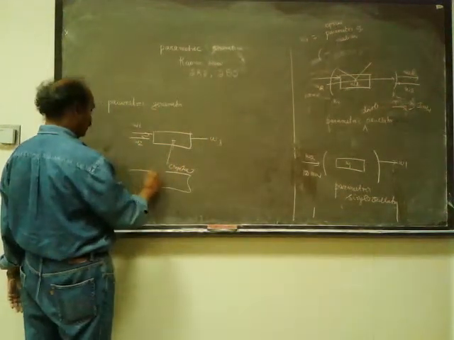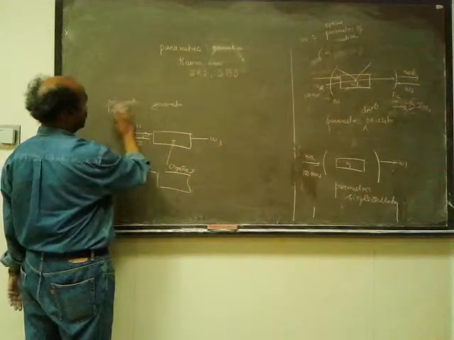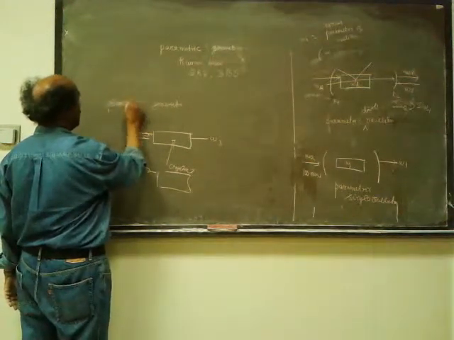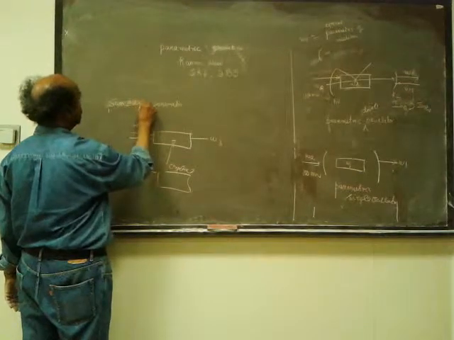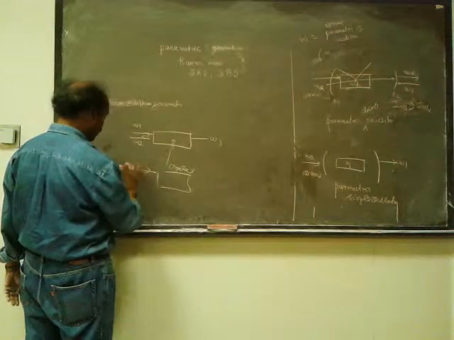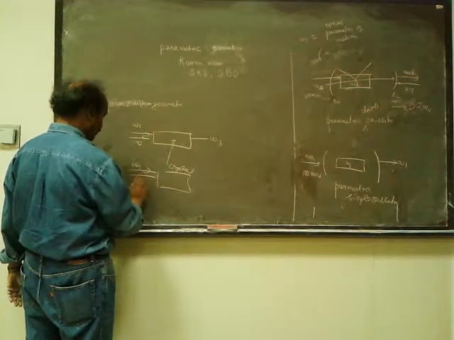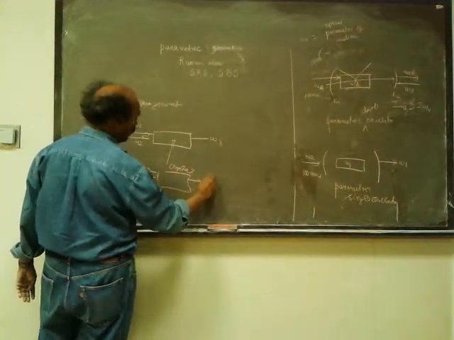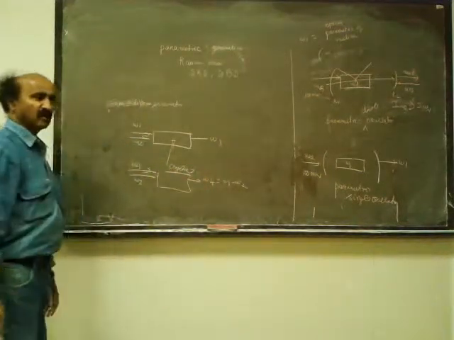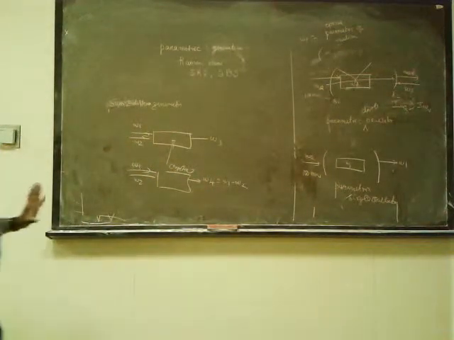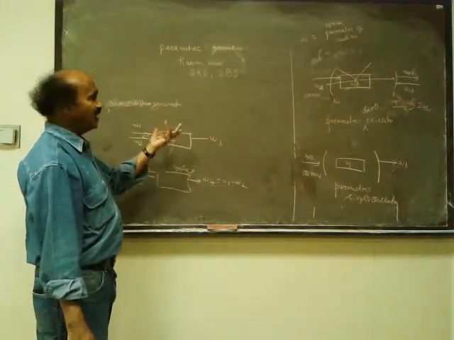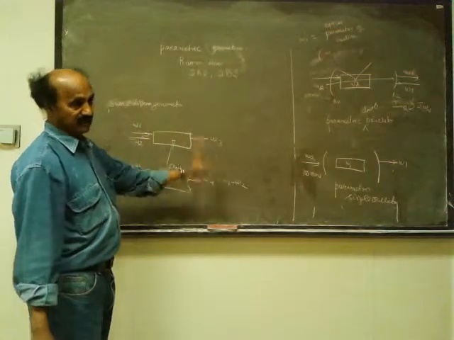Or you can put sum and difference frequency. Omega 3 is omega 1 plus omega 2, omega 4 will be omega 1 minus omega 2. You can play. You choose the proper crystal, adjust the temperature, adjust the angle, you will get it.